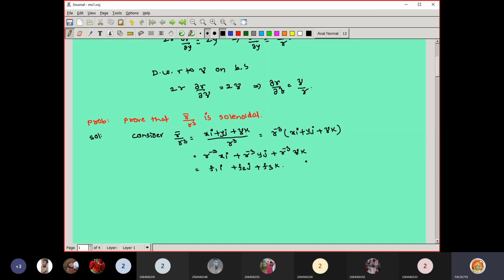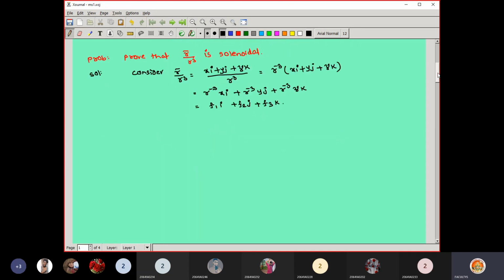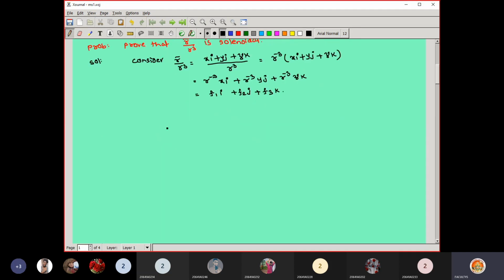Once that is simplified, now you calculate the divergence part. So the divergence of r bar by r cube, as per the simplified definition, is dou by dou x of f1 plus dou by dou y of f2 plus dou by dou z of f3.